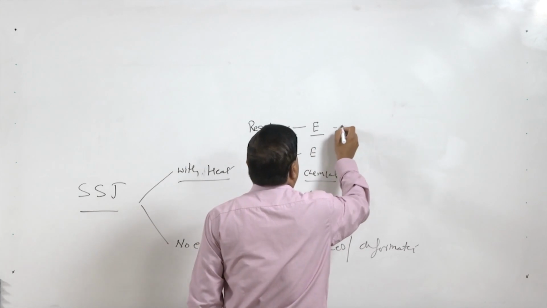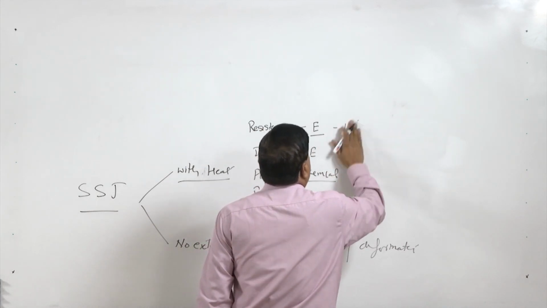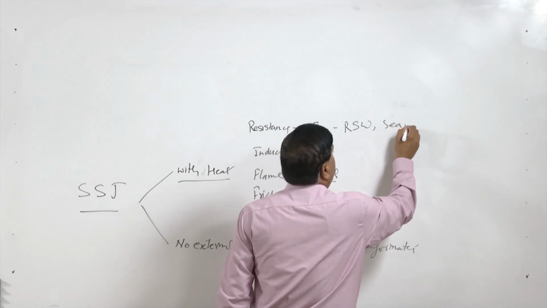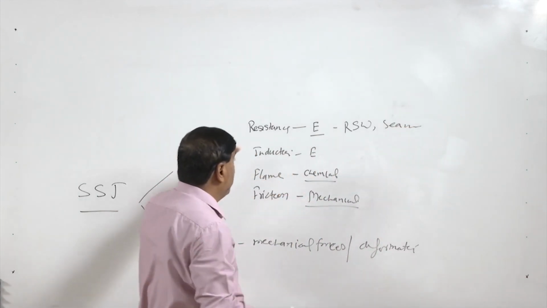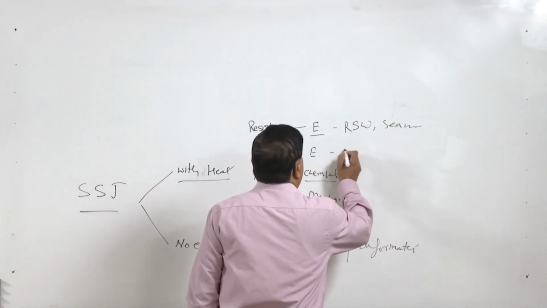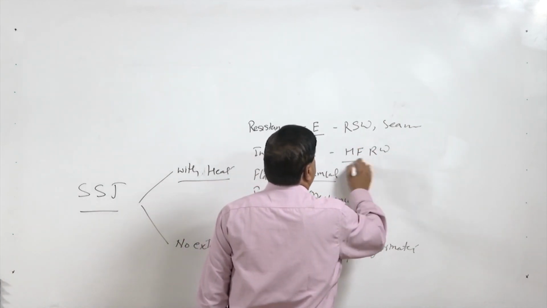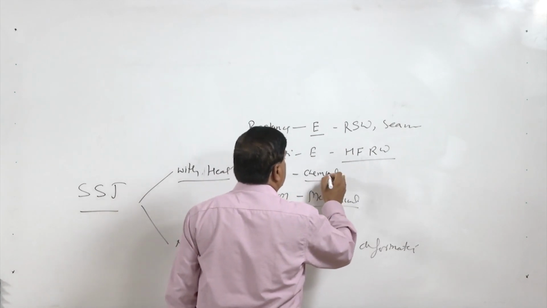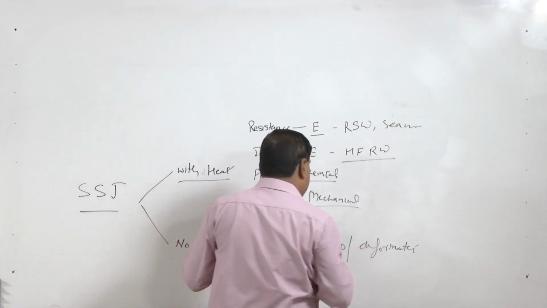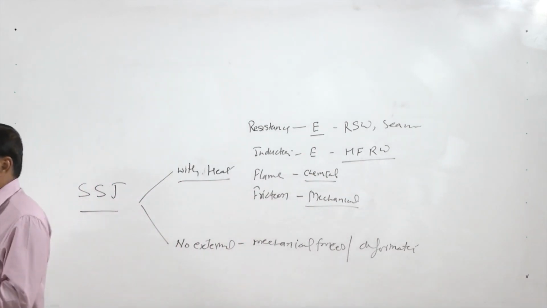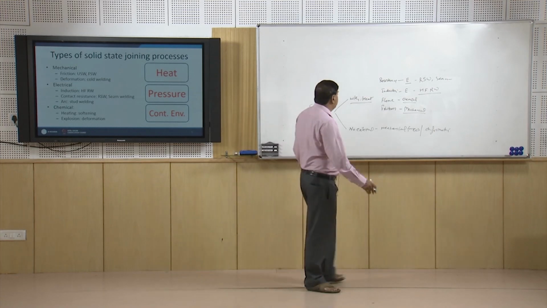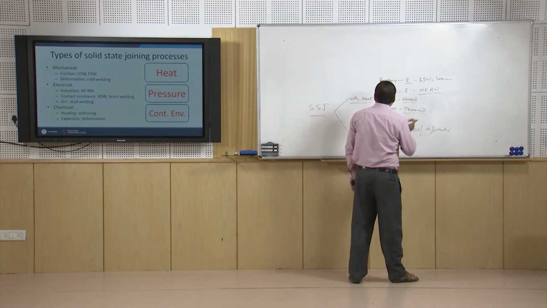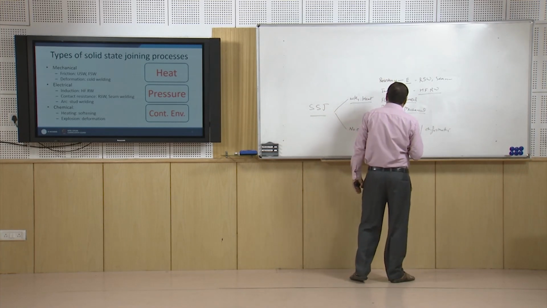Whenever resistance is used, then I squared R T heating is involved, and resistance spot welding and seam welding are such kinds of processes where external heat is applied through the electrical resistance heating, or the high frequency resistance welding process is used whenever induction is involved, and flame heating is used in case of the chemical, when the combustion of the combustible gases and the oxygen is used for the softening of the surfaces, and then application of the force for the purpose of the deformation, so that the metallurgical connectivity can be achieved, continuity can be achieved.